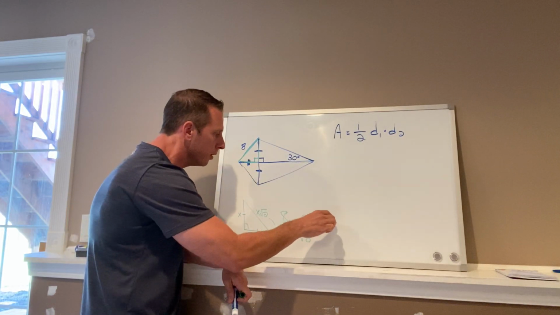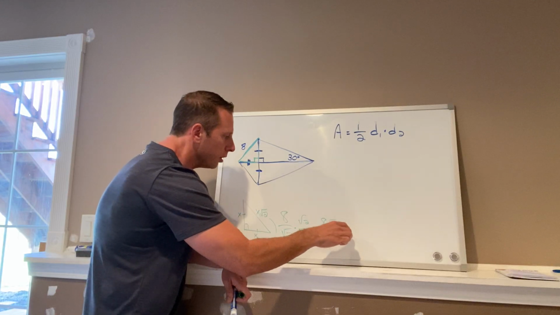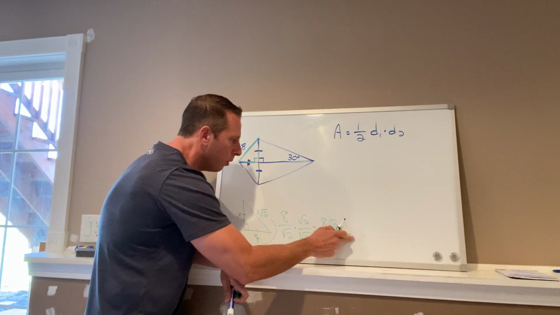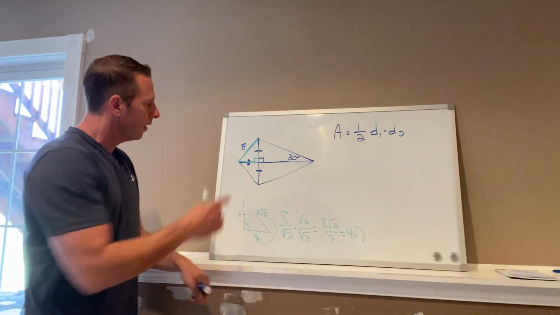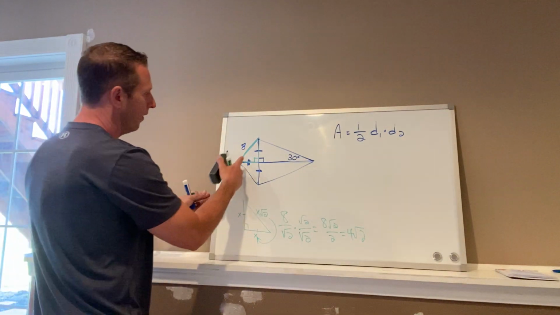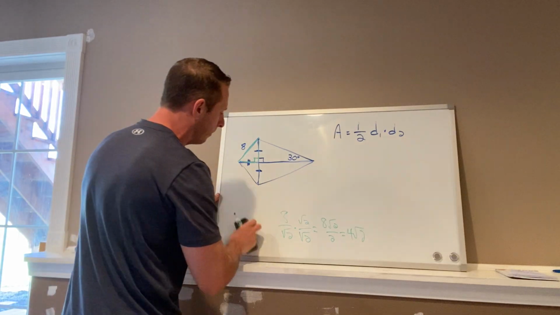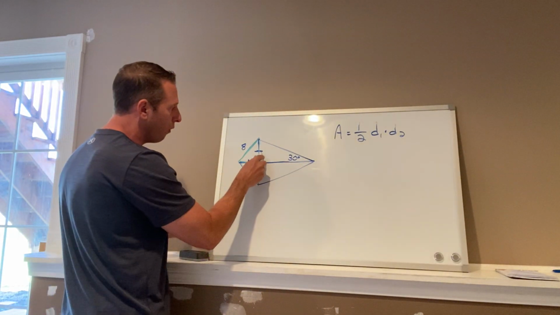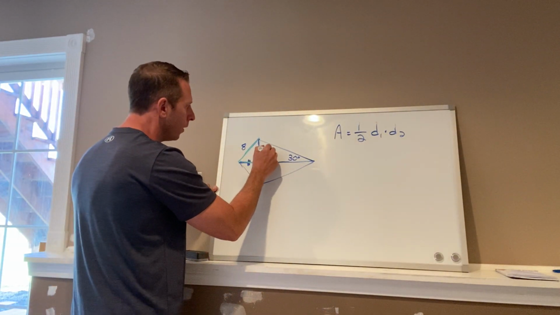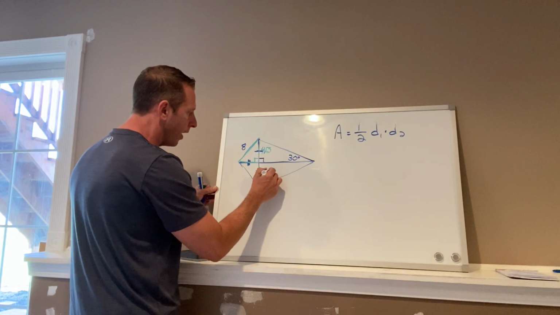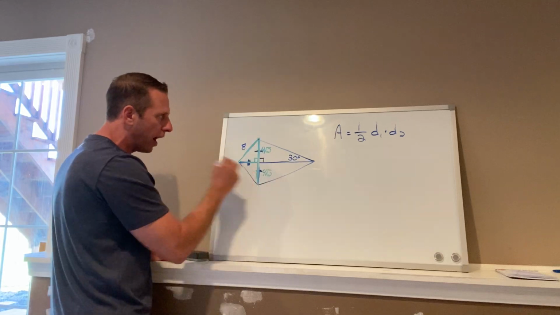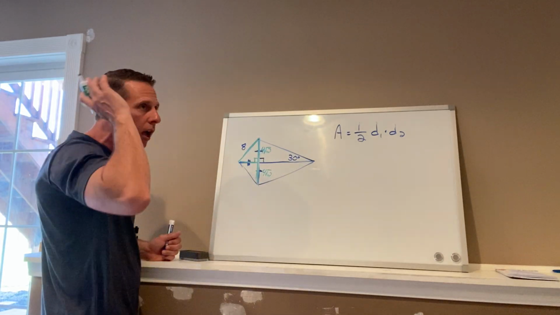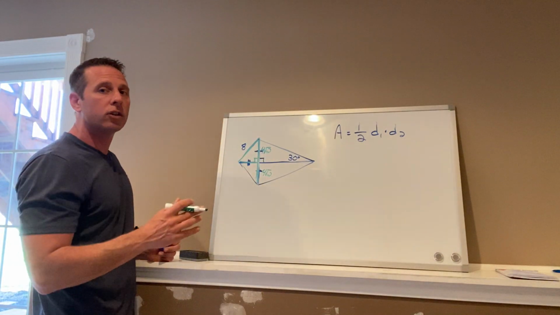You get 8 rad 2 over 2, which is equal to 4 rad 2. 4 rad 2 is the length of that segment and that segment. So if this is 4 rad 2, this is also 4 rad 2. The entire length of this diagonal is 8 rad 2.